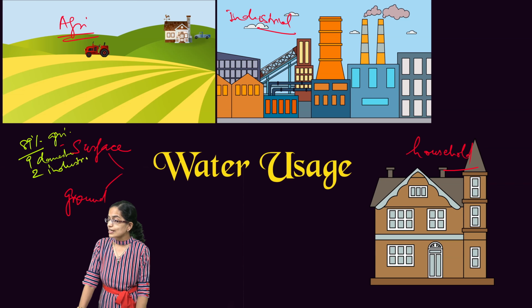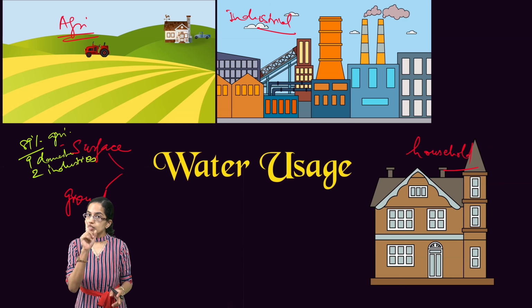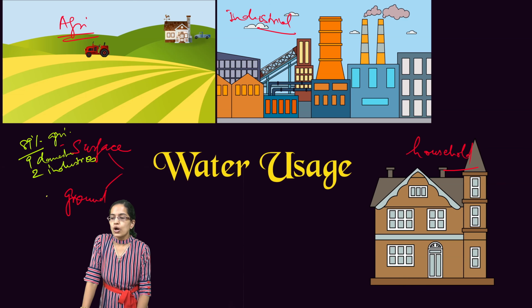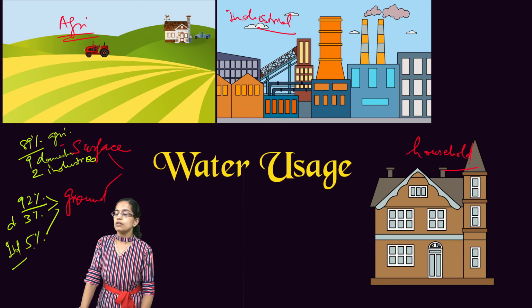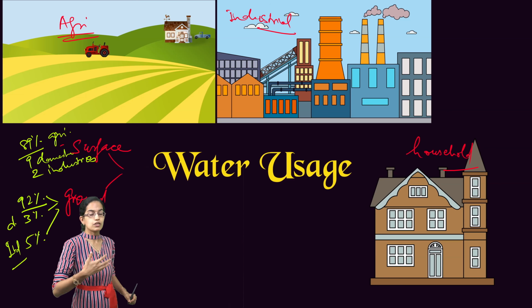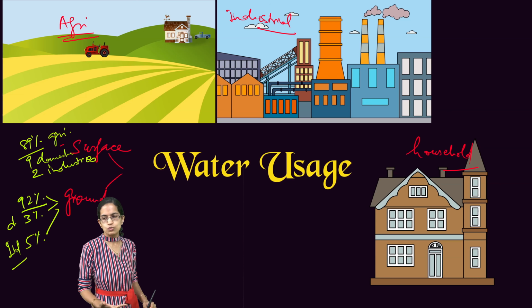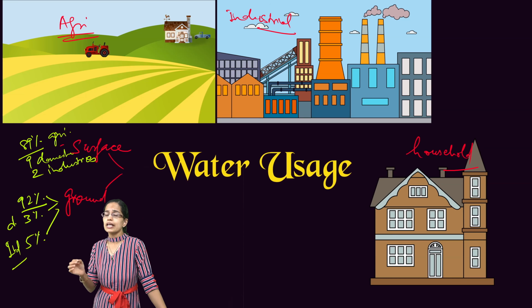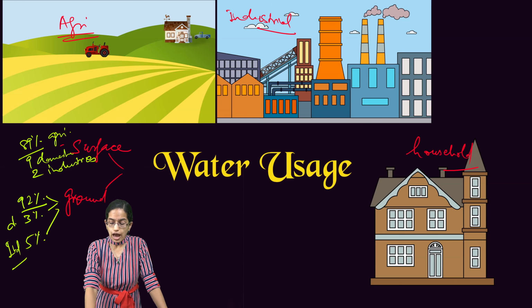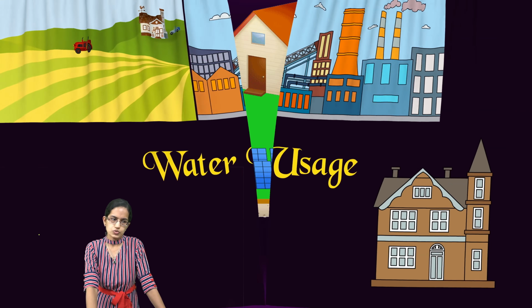Based on the groundwater resources, 92% of the total water goes for agriculture, 3% goes for domestic purposes, and 5% goes for industrial purposes. So, as you can see, more industrial water is being utilized from groundwater resources, and both groundwater and surface water have a significant usage in the industrial sector.